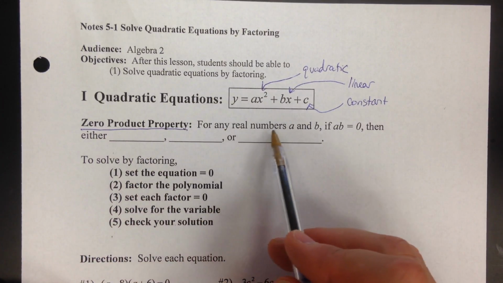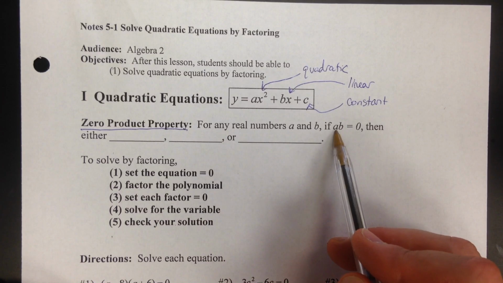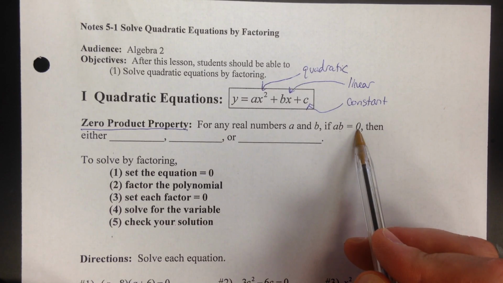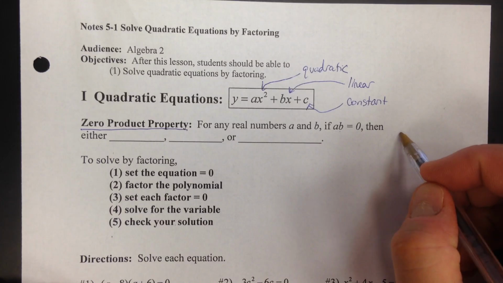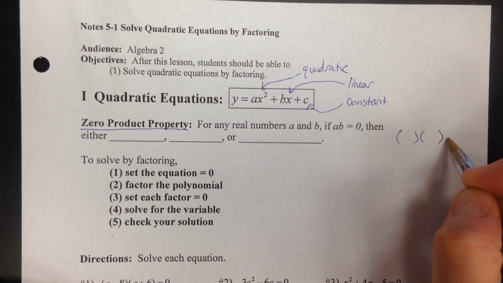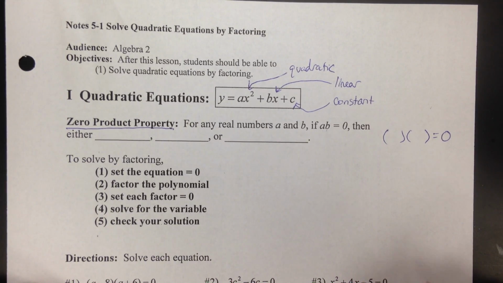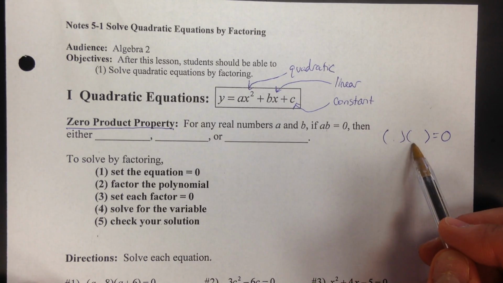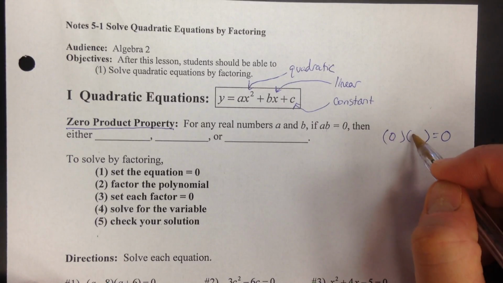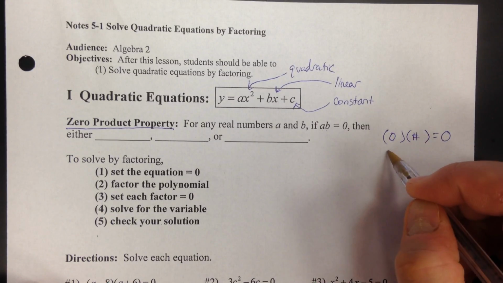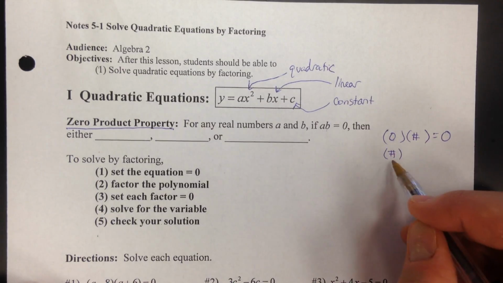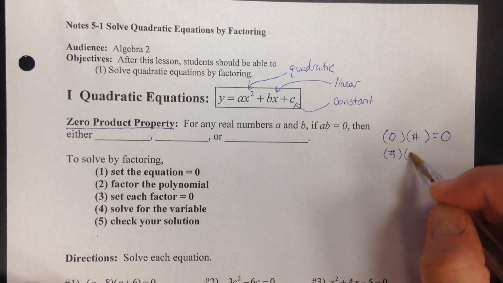For any real numbers A and B, if A times B is equal to 0, think about this. If you have two numbers that you multiply and the product is 0, one of these has to be 0. It has to be 0 times a number, or a number times 0.